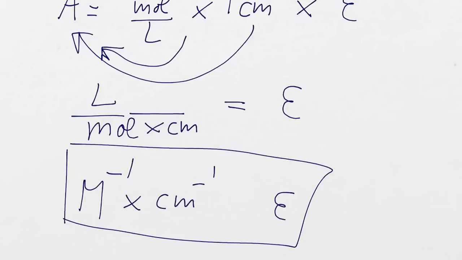Right. Now, this epsilon itself depends on the wavelength of the light. And different light energies have different epsilons.